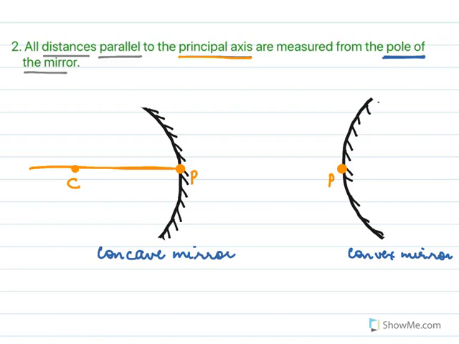So here is the principal axis. For the convex mirror also, first we have to see the center, which is C, and the line that joins the pole with the center of curvature is called the principal axis.